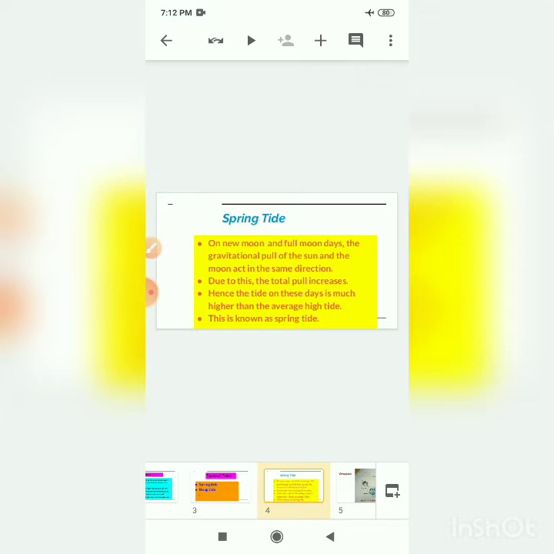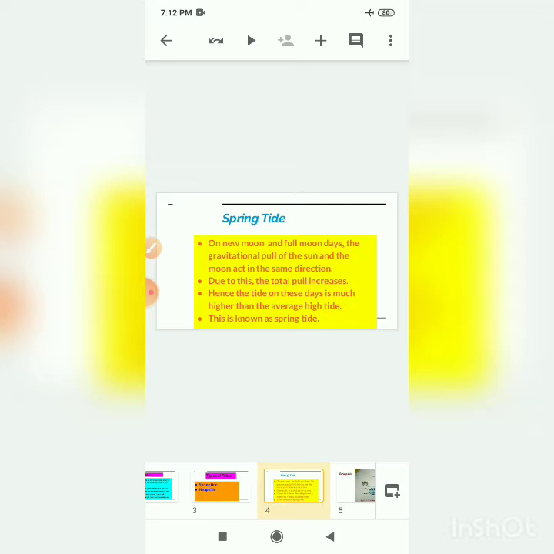On new moon and full moon days, the gravitational pull of the sun and moon act in the same direction. What does it mean? During new moon and full moon days, the gravitational pull of the sun and moon both act in the same direction.